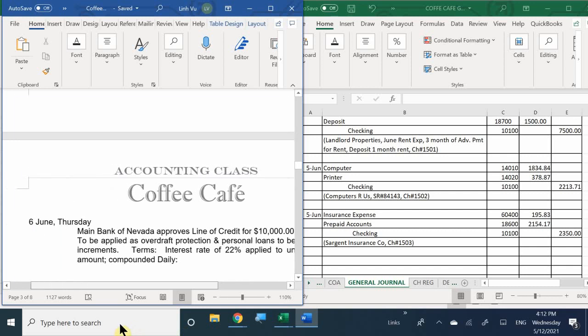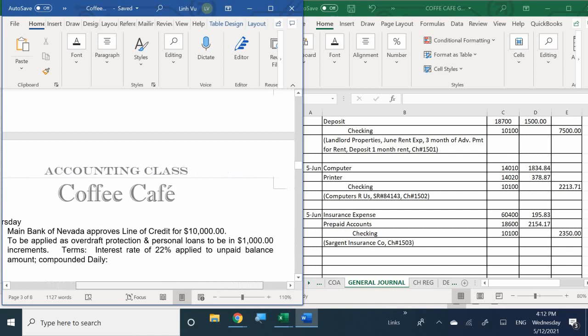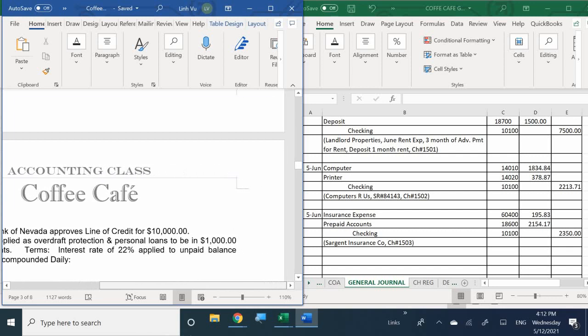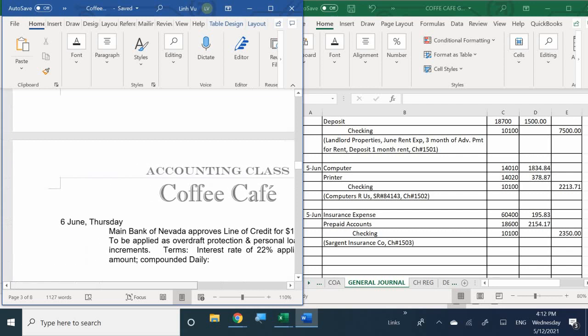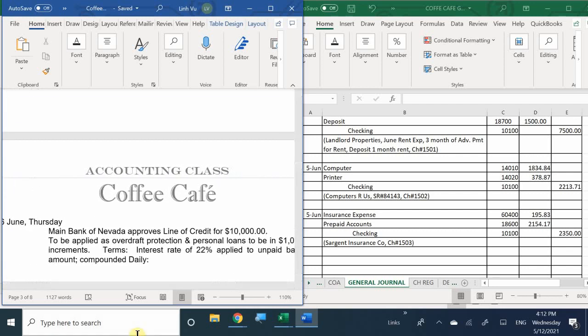Okay. So again, the terms here is that your interest rate is going to be 22% applied to any unpaid balances. Okay. And then once again, it's going to be compounded daily.